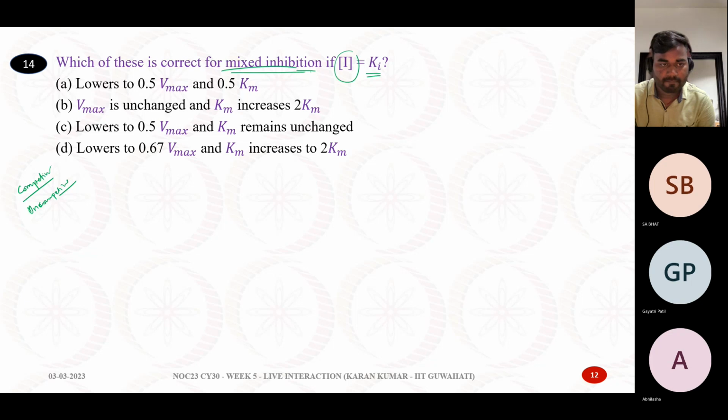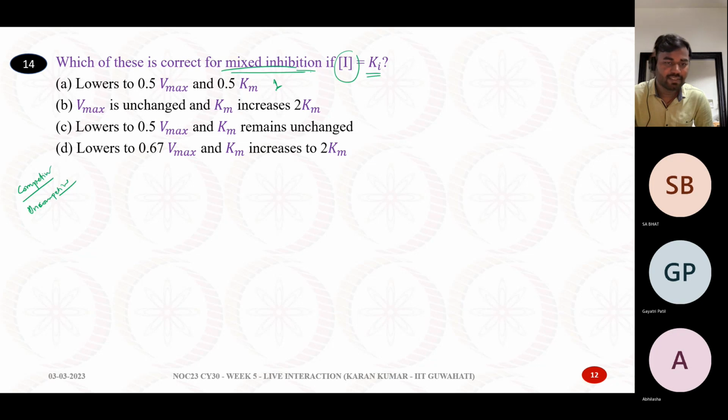Option A is correct: Vmax lowers to 0.5 and Km lowers to 0.5. Anyone else? So one vote for option A. I think option D is correct.